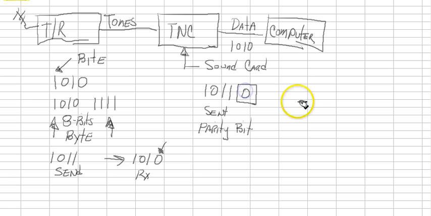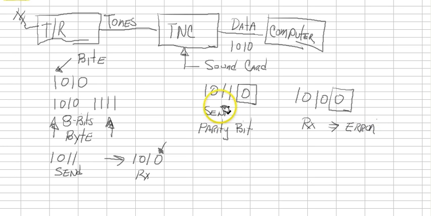Now let's assume over here that when we got it, we got this: 1, 0, 1, 0, 0. Remember, this is telling us something about the data we're sending. All right, we add all this up, and oh, it's even. But this thing is telling us it should be odd. So this tells us that this is an error.